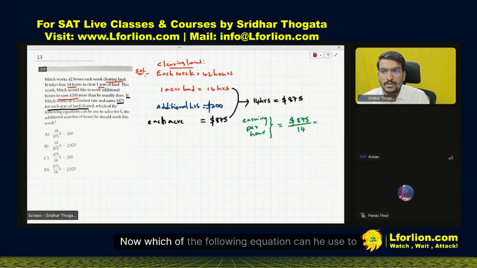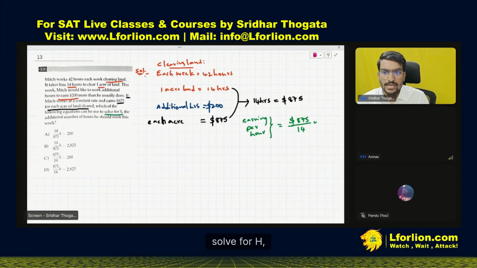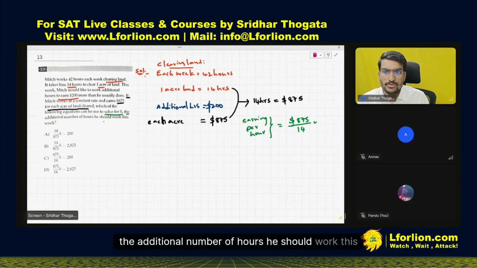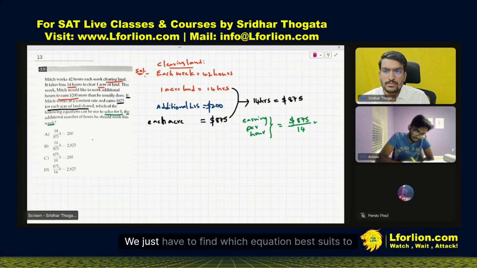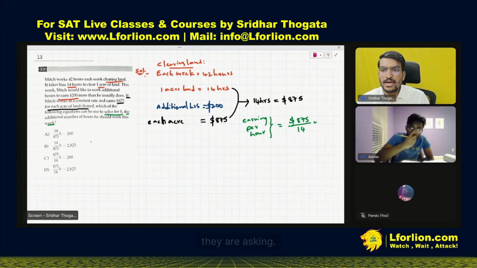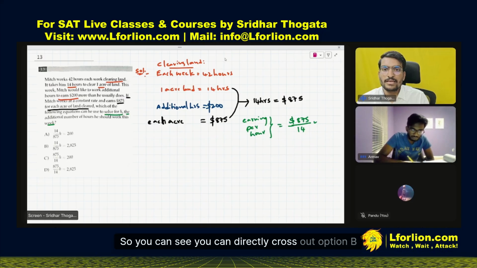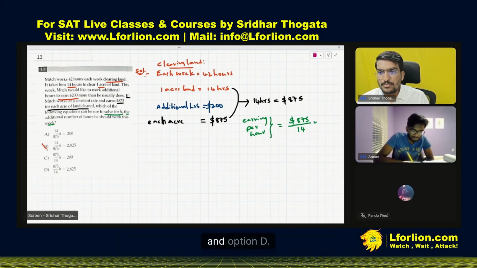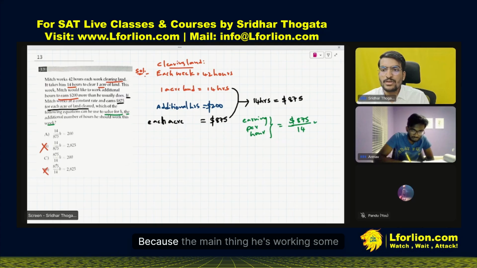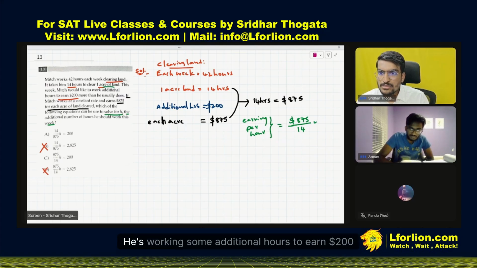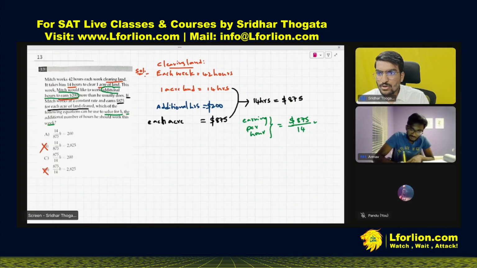Now, which of the following equations can he use to solve for H, the additional number of hours he should work this week? We just have to find which equation best suits the situation. You can directly cross out option B and option D, because the main thing is he's working some additional hours to earn $200 extra.